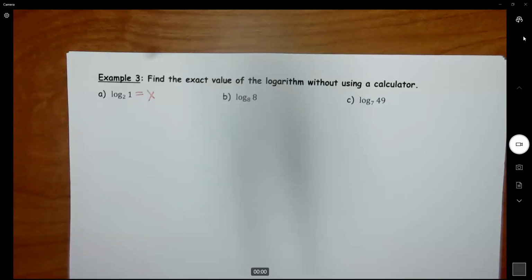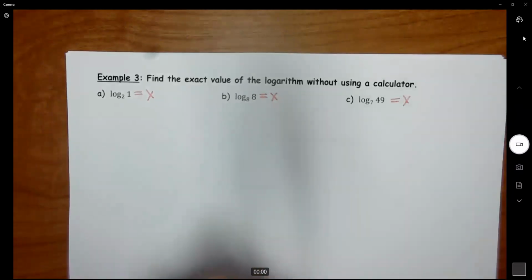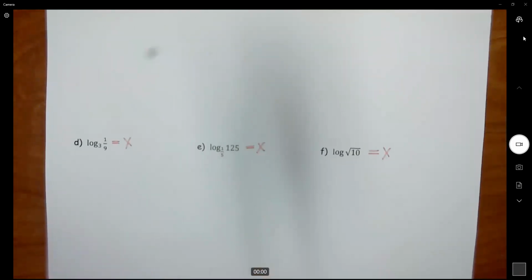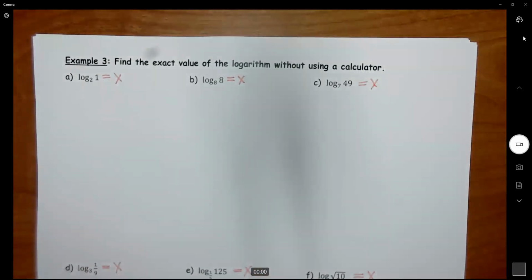I'm actually just going to go through here and set all of these equal to x real quick. Okay, A through I, all 9 problems. All of those equal to x. So when you're evaluating, just make an equation, set it equal to x, and then we can solve.